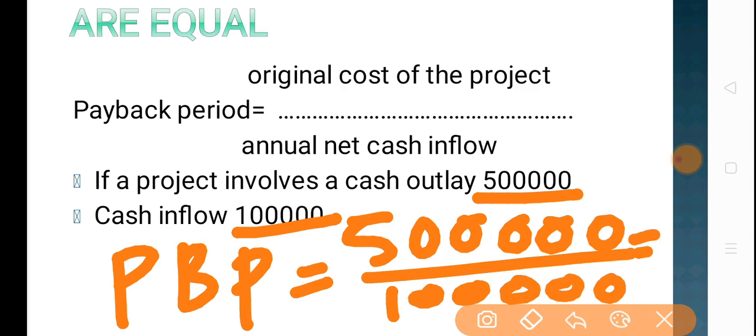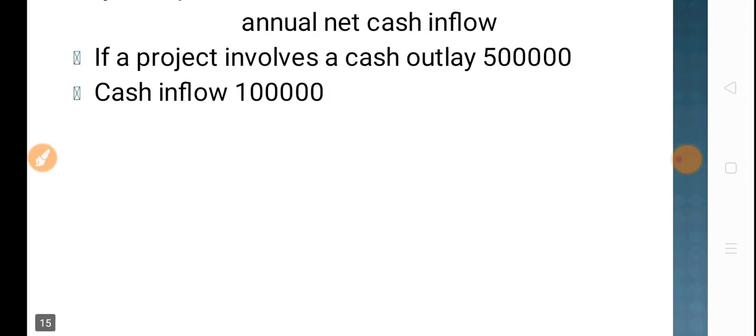Then you will get 5 years. We can say that when we are investing in a project whose investment outlay is 5 lakh and the cash inflows are 1 lakh, it will take 5 years to recover the initial cost. Simple calculation.